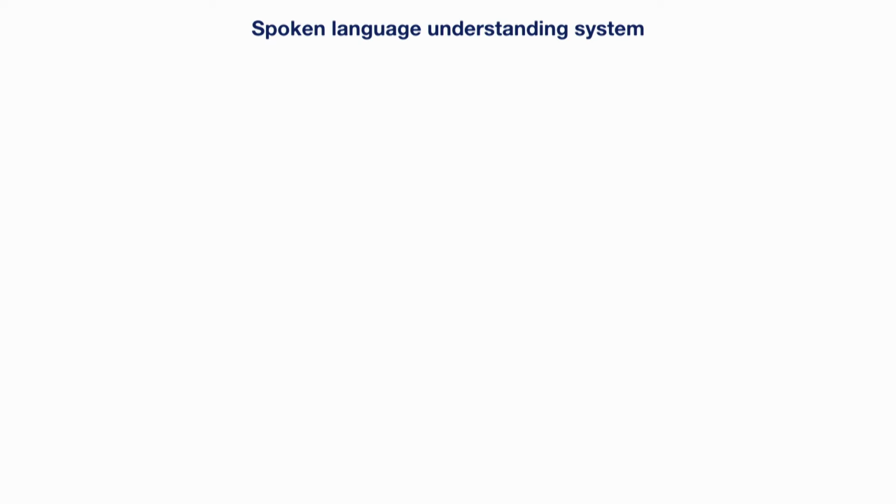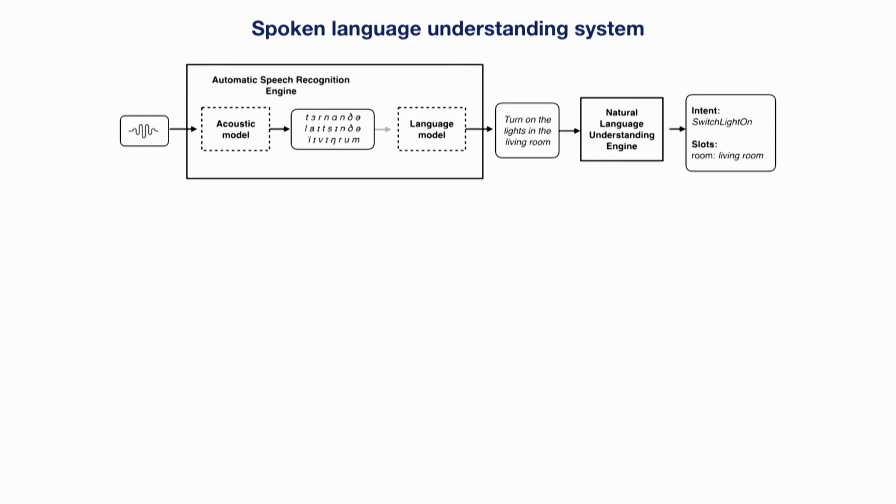So now let's go to the anatomy of this spoken language understanding system. Essentially, as I told you, you have the ASR part that does speech recognition, and you have the NLU part that does the understanding. But in its turn, the ASR can be broken down into two main blocks. One is the acoustic model, and the other one is the language model.